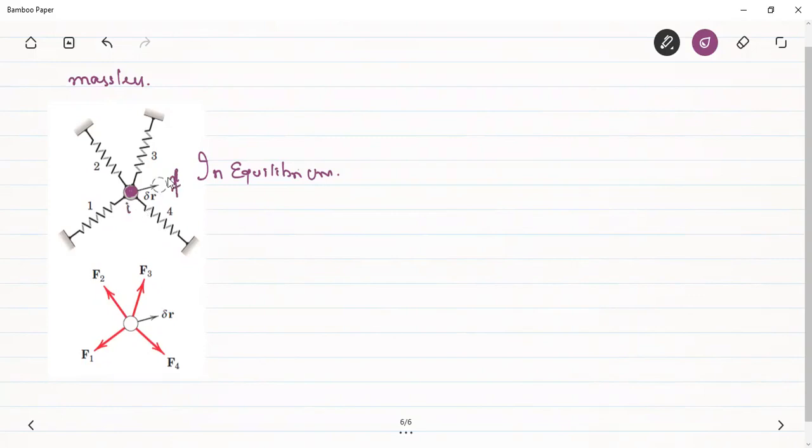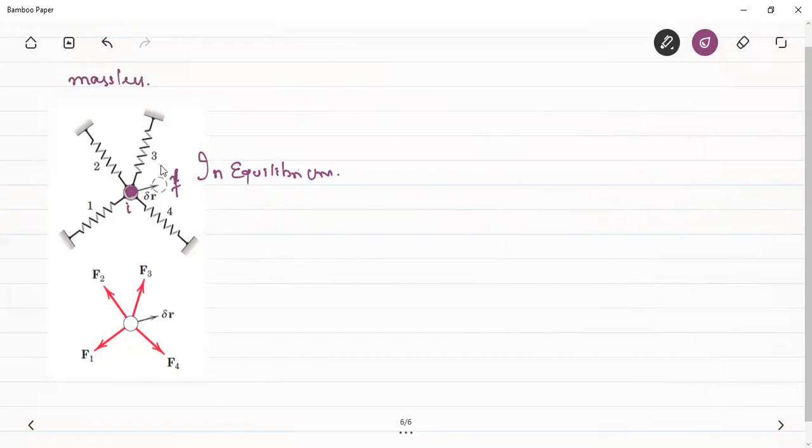This displacement does not exist because the body is in equilibrium, but we have shown a displacement vector delta R, an imaginary displacement.